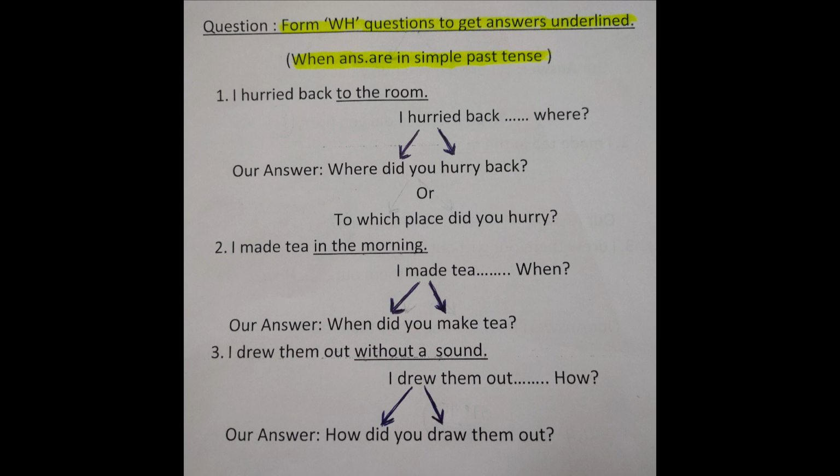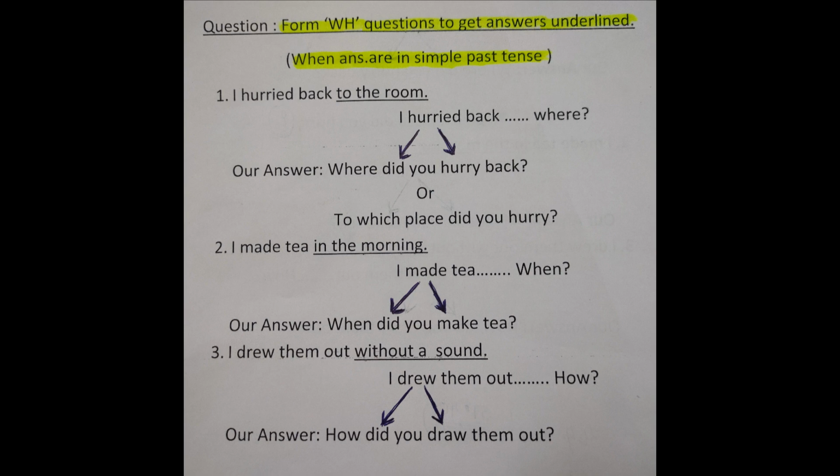Means we will have to frame a question which will give us the answer as to the room. Now, I hurried back. Immediately what comes to our mind? Instead of to the room, where? So this is our intermediate step. The answer is to the room.